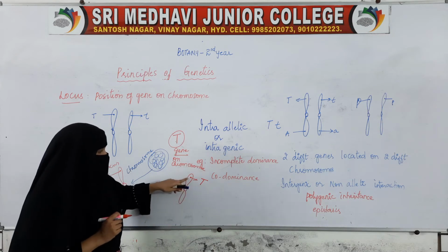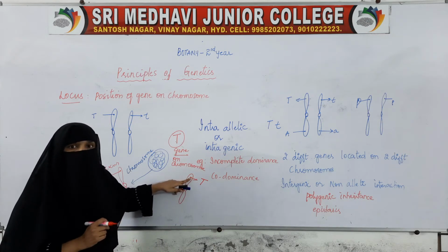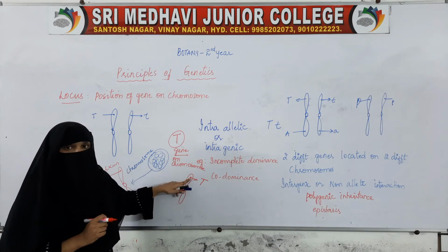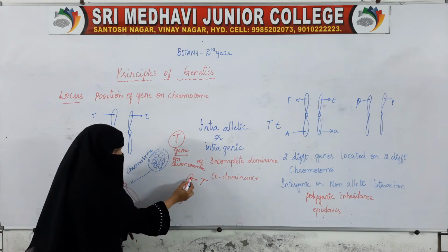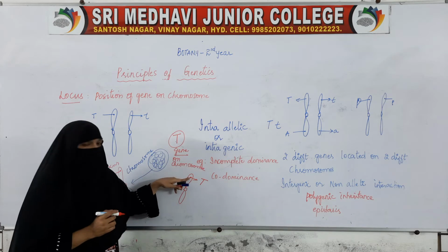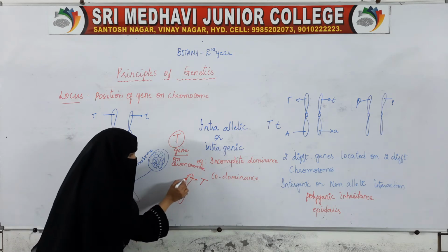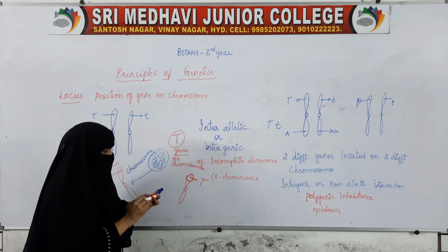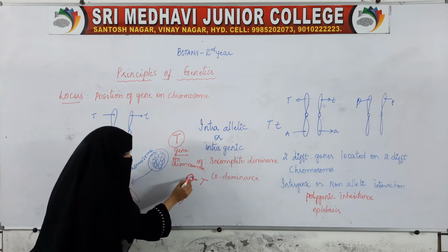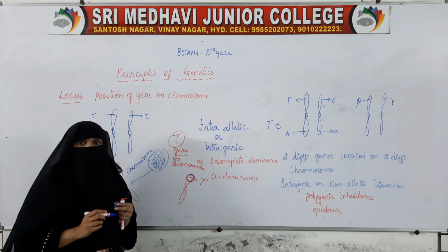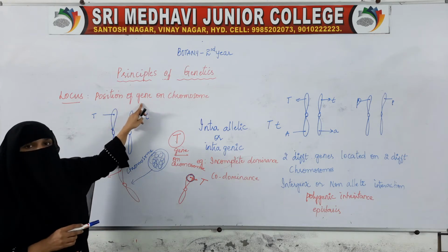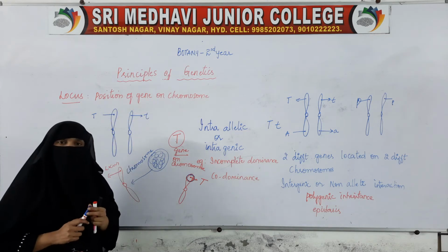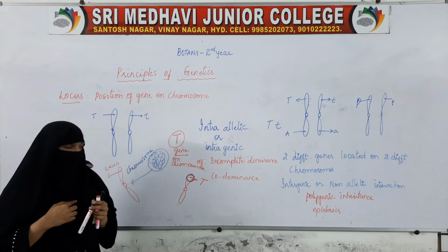Tallness. The gene responsible for tallness is located at this place. Locus is the place or position where a gene is located on the chromosome.